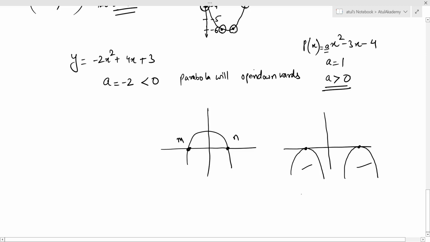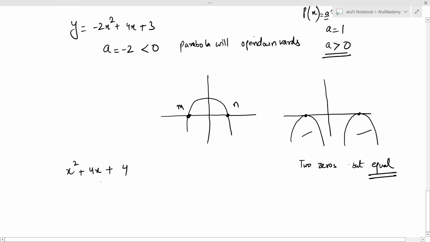So here you will have two zeros, but they are equal. Both of them are equal. If you consider a case of perfect square, let's say x square plus 4x plus 4, this is x square plus 2 into a into b plus 2 square.